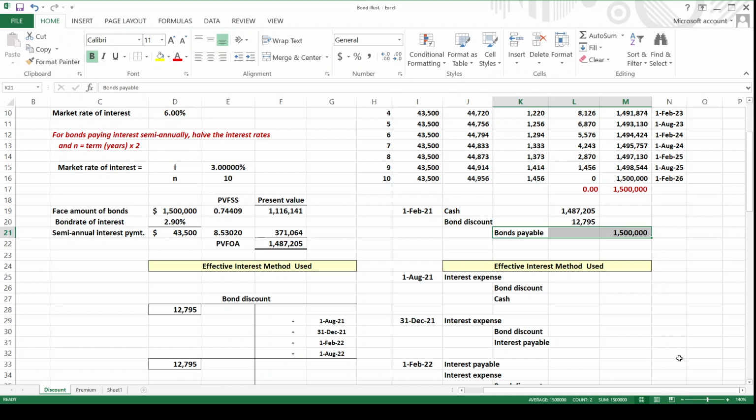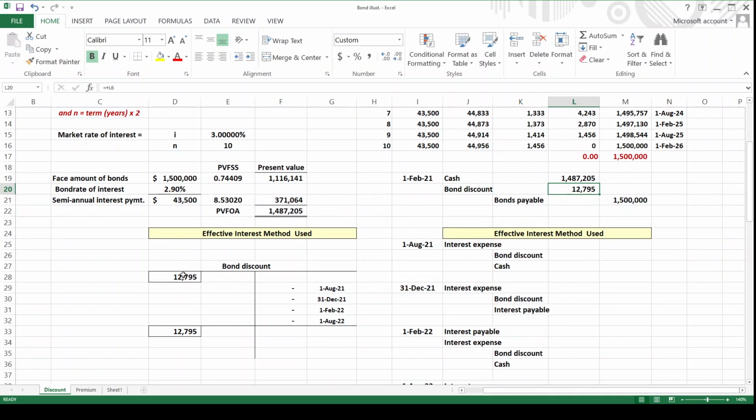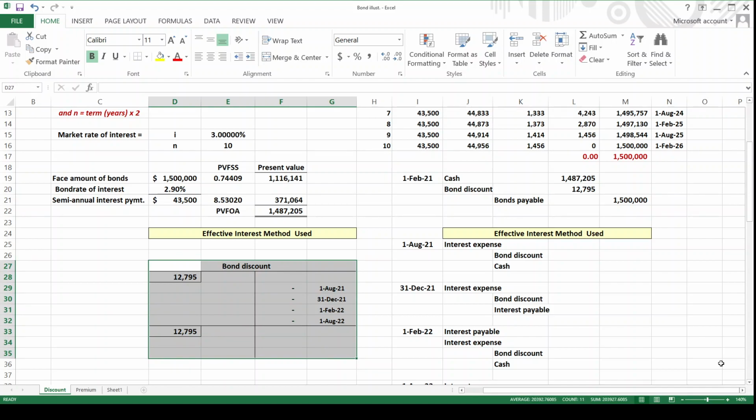If it's a different number, then you know there's something wrong, right? And if you retire bonds, if you pay some of them off, it's going to be a debit to bonds payable for a nice even number. All right, so here's our bond discount, and that I have over here in this little T account. So I keep track of what happens to this balance over time. All right, so our bonds are issued.